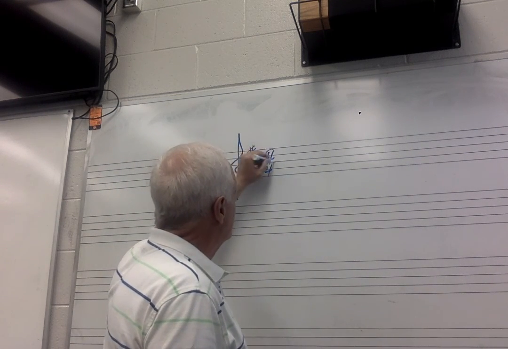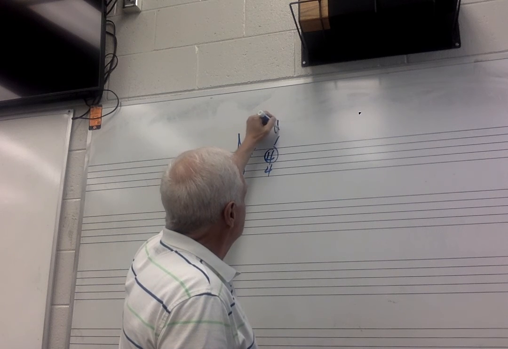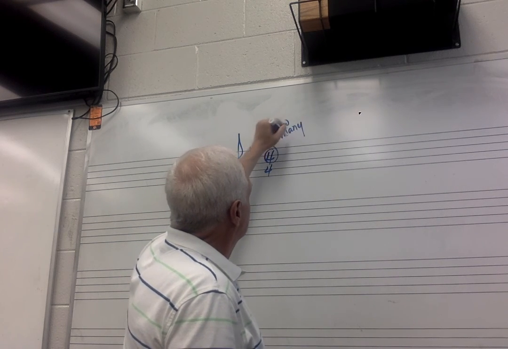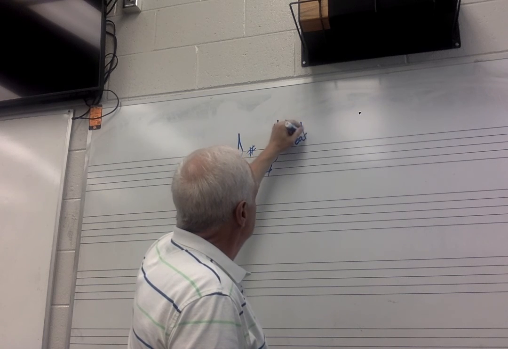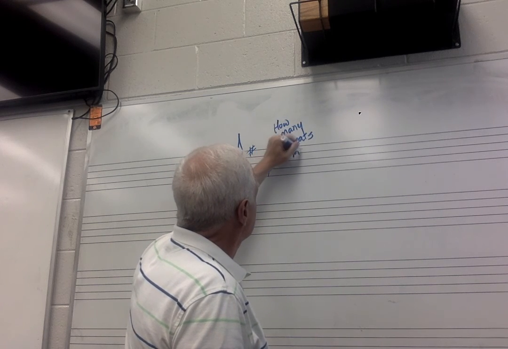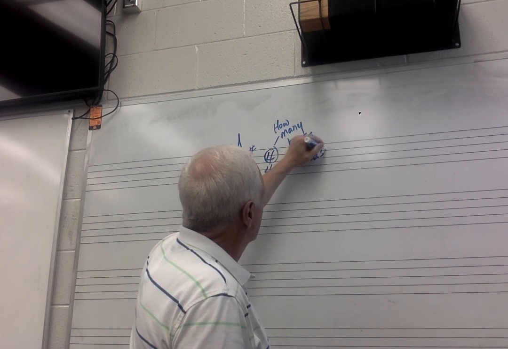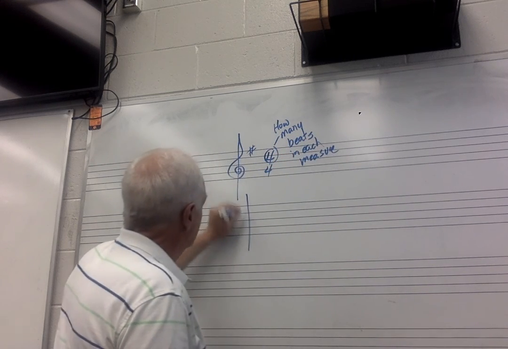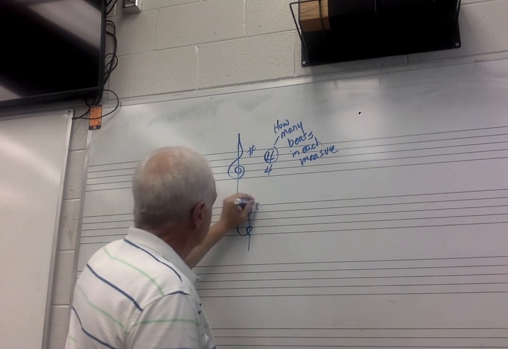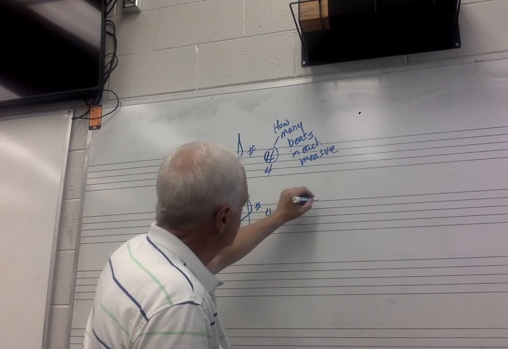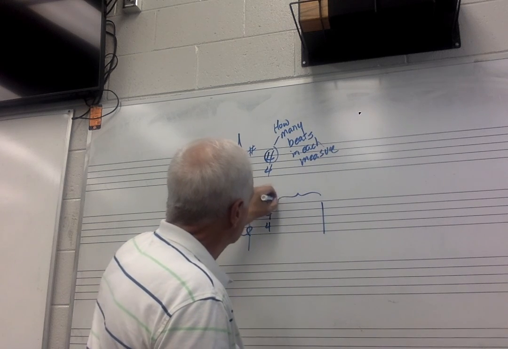But the top number tells us how many beats are in each measure. Now, I'm going to write down here so I have a clear writing space. From here to here, this area is called a measure.